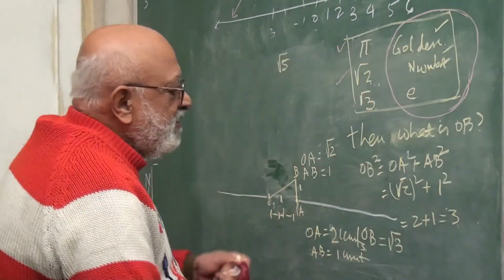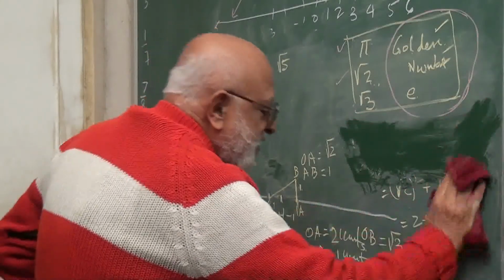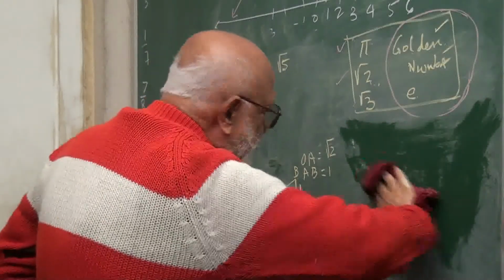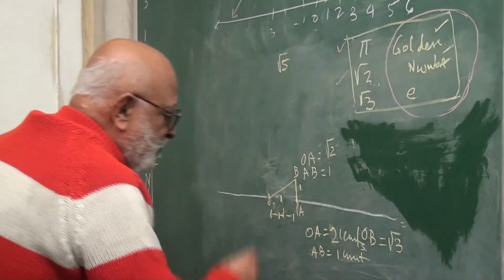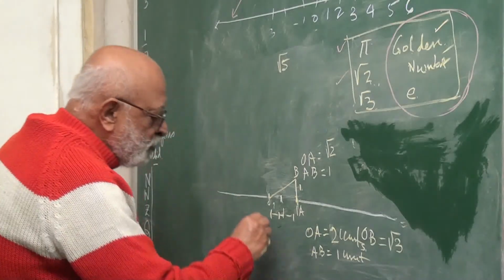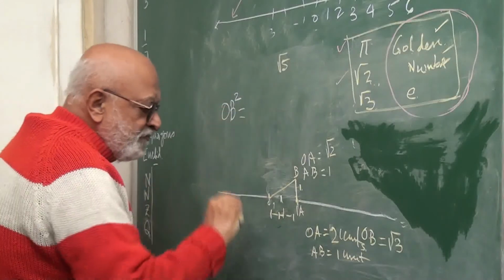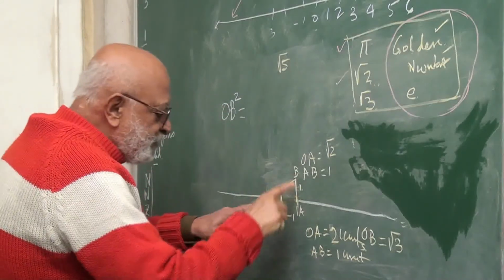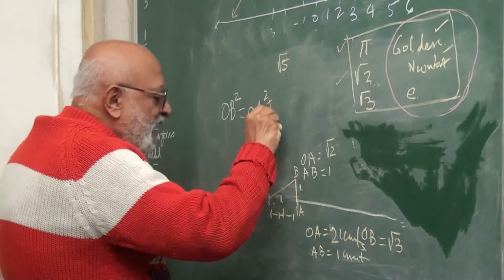Let me do it the same way here. So OB square is equal to OA square plus AB square.